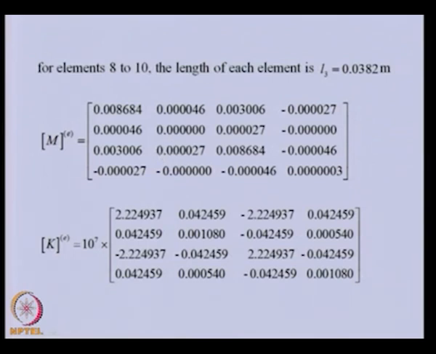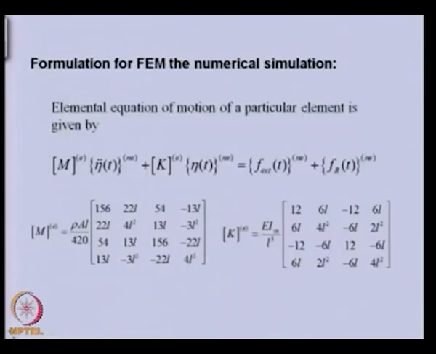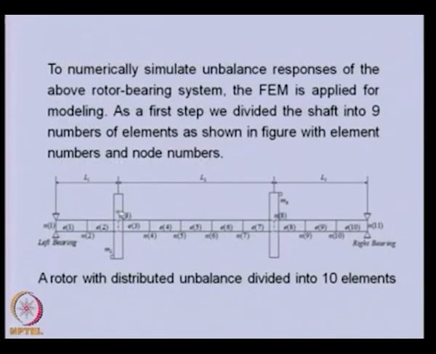As we have discussed earlier, the disc mass is a lumped mass. So, we can add that with element 2 at this node, or with this particular element at this node, but we need to add it at one of the nodes. Similarly, this side also.